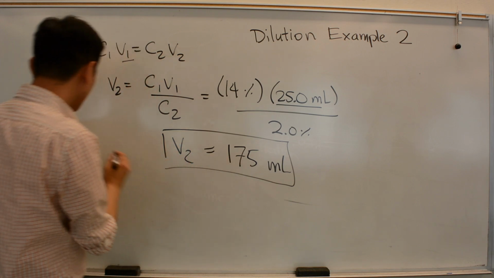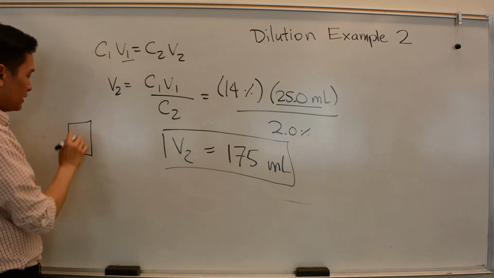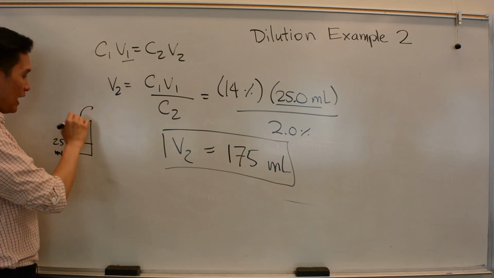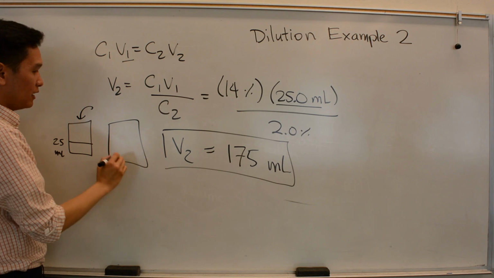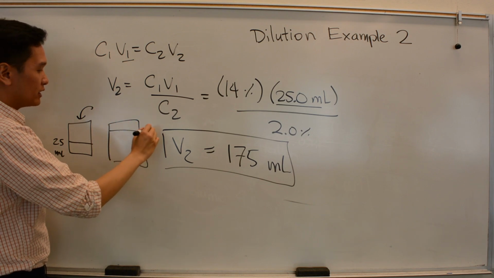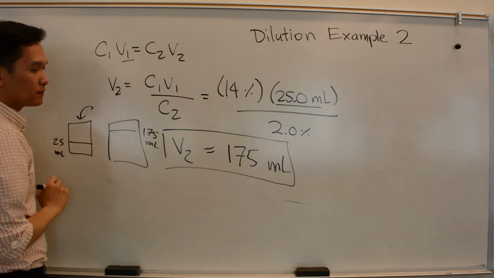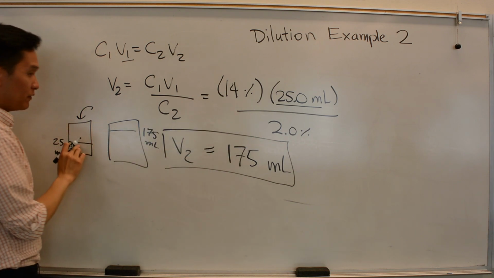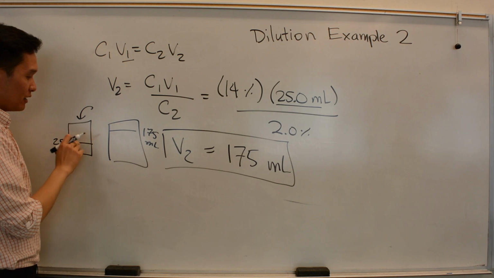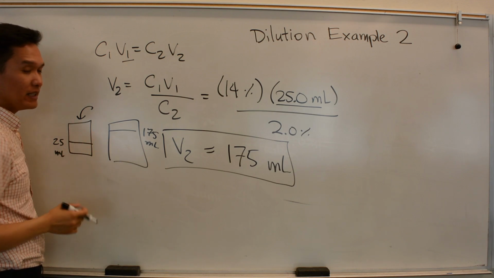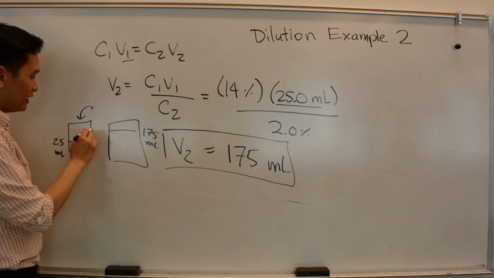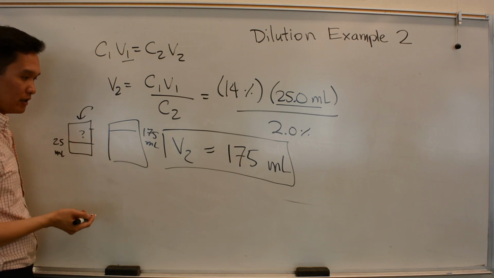So let me draw a picture out. Let's say you have 25 ml. You're going to add water in here until it is at 175 ml. At 175 ml, it would be that 2%. Before that, it was that 14%. The question is, how much water do I need to add? So if you're at 25 and you need to go to 175, how much is the water?